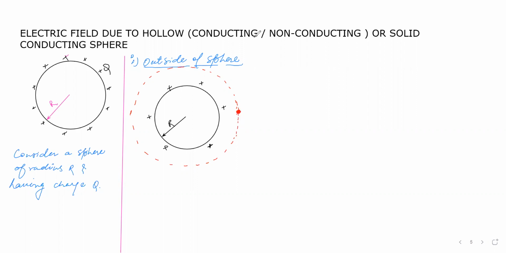And we can consider this Gaussian surface is of radius r. Now, if we choose an elementary area like ds, then can anyone tell me what will be the direction of the unit vector? It will always be perpendicular to the surface, which is your s vector. And what is your direction of electric field?